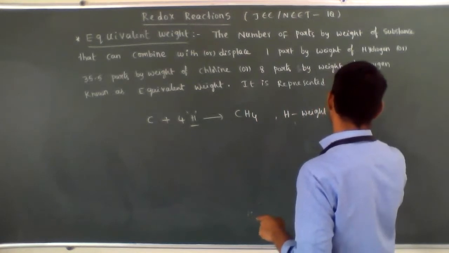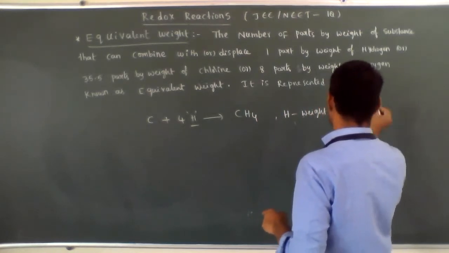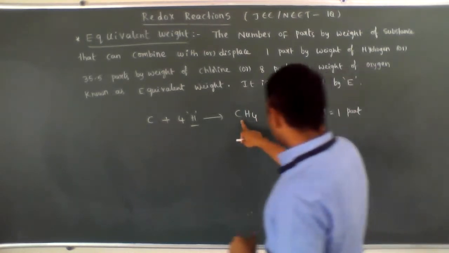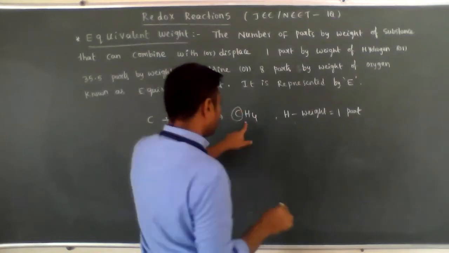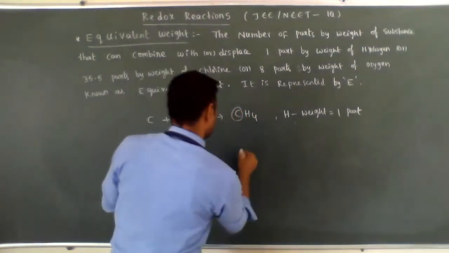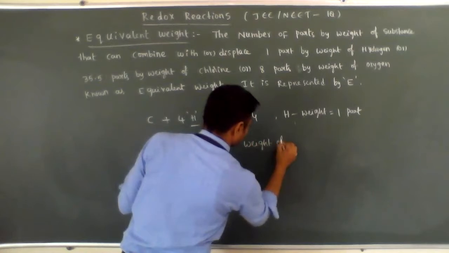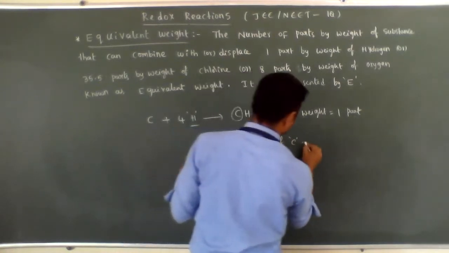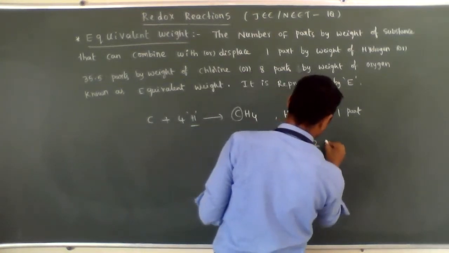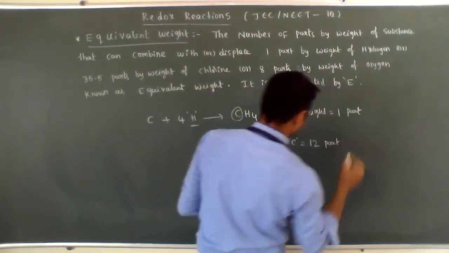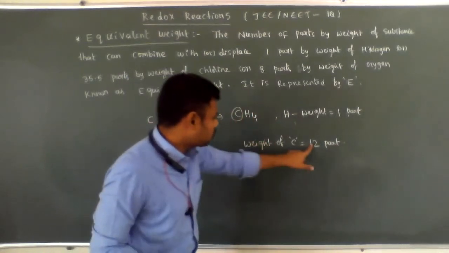One carbon atom is combining with 4 hydrogens. What is the weight of carbon? The weight of carbon is 12 units or 12 parts.